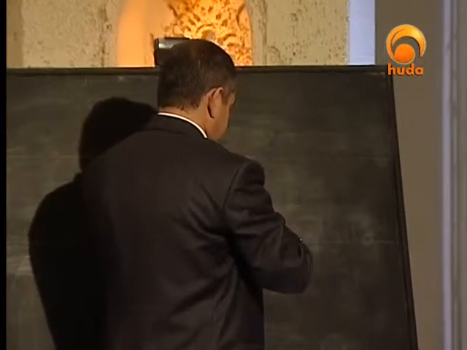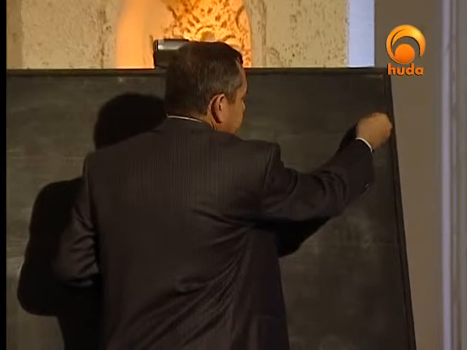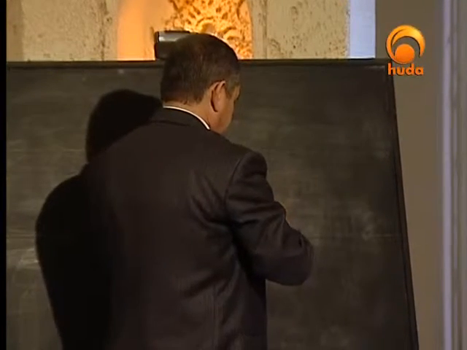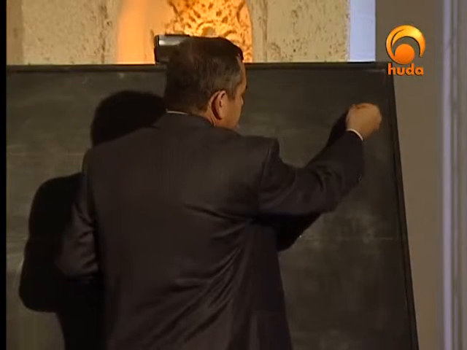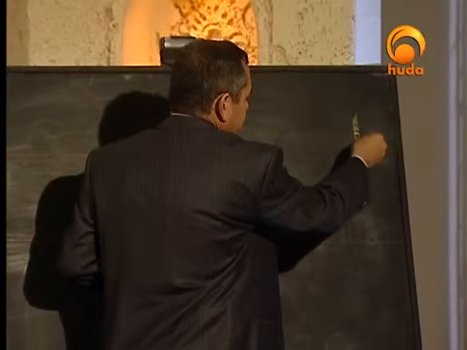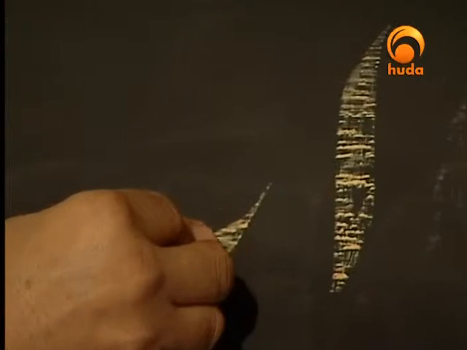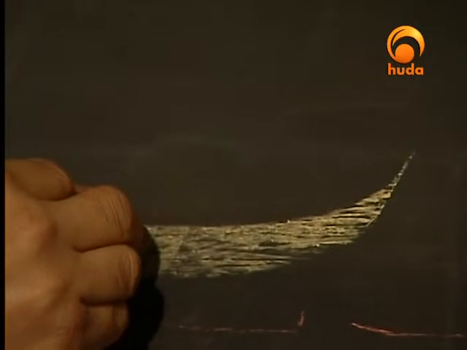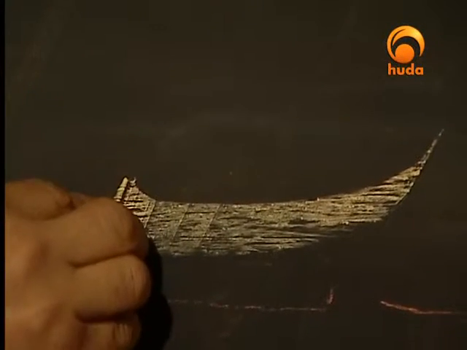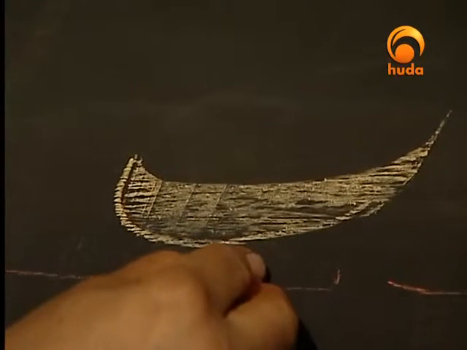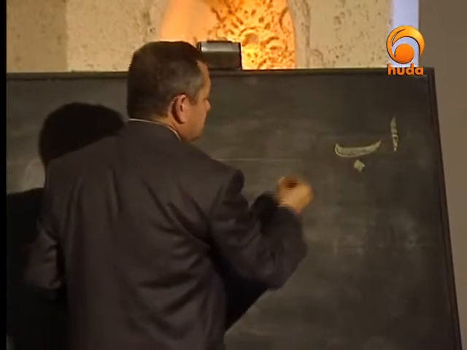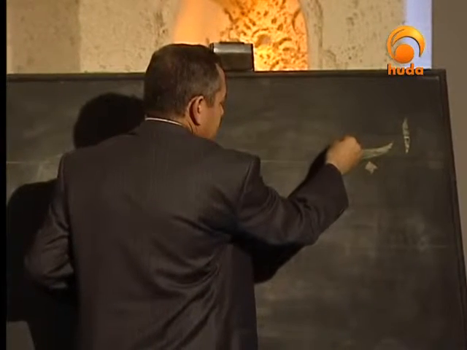I'm going to write now the first letter, Alif. It's short like this. Ba. Ta.